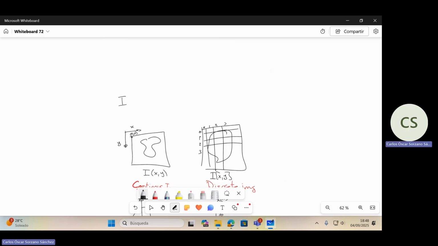So when you have continuous images, in general, I will call them R with a vector.